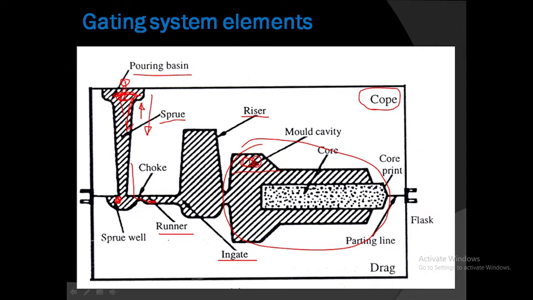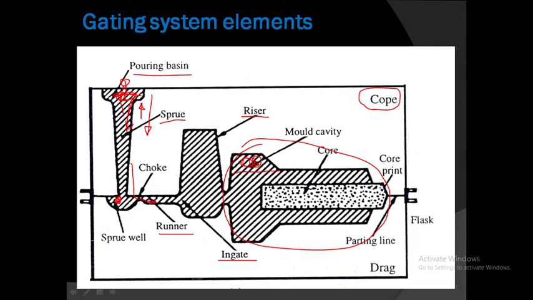Next, the runner. The runner is normally provided in large castings to distribute the metal to several gates around the cavity.